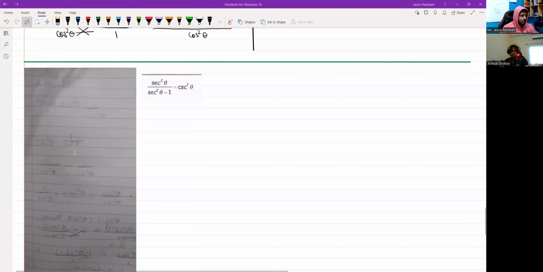I am dividing by 1 over cos squared theta minus 1. So you see in this line here, you divided by 1 over cos squared theta, which turns into a multiplication of cos squared theta. So whenever you have division of something and it has more than one term in the denominator, do this.